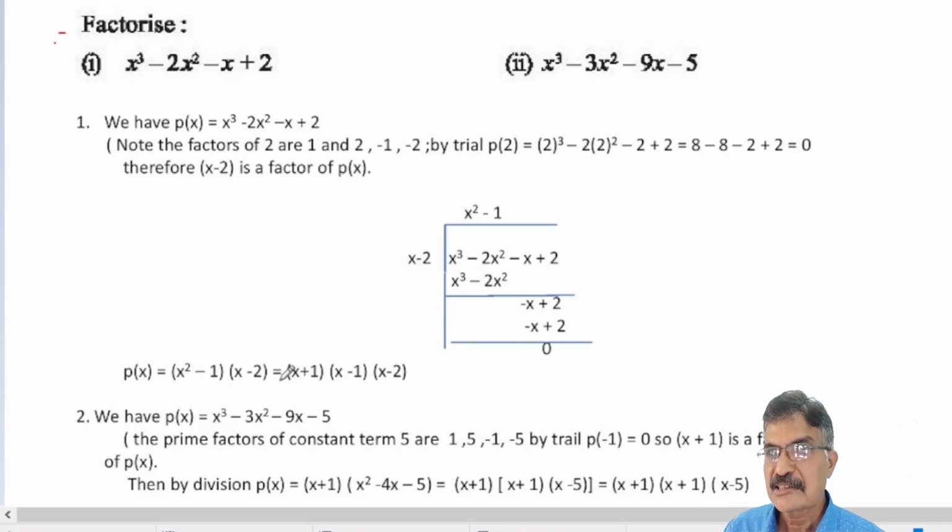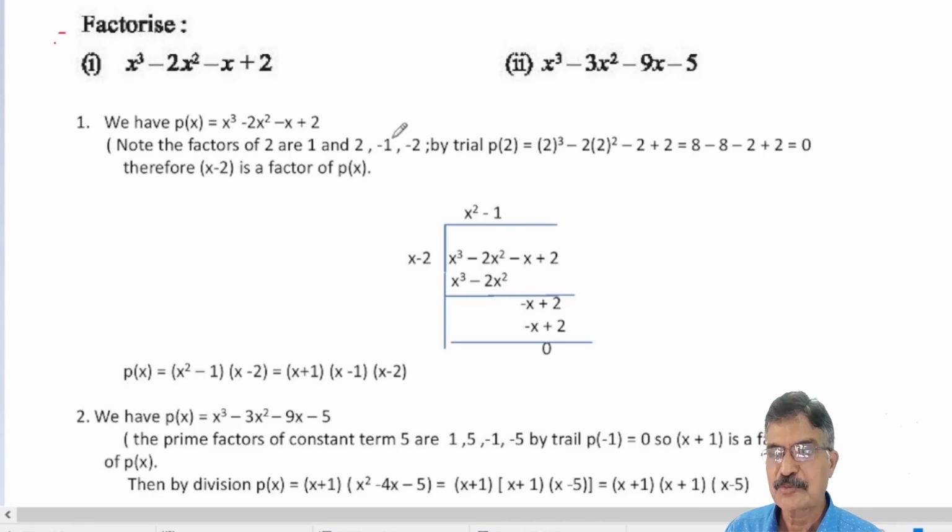Then using the identity a square minus b square is equal to a minus b into a plus b, we can write x square minus 1 as x plus 1 into x minus 1. Or we can use this method also. First we substitute 2, then we substitute 1. While we substitute 1, you will get the answer as 0.